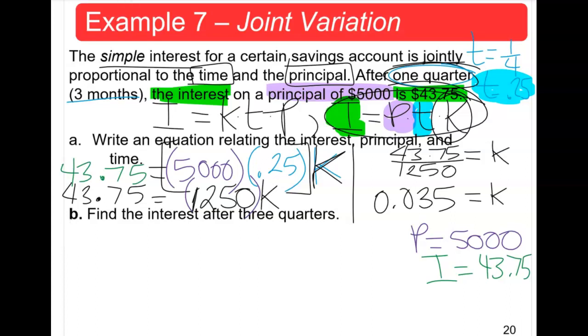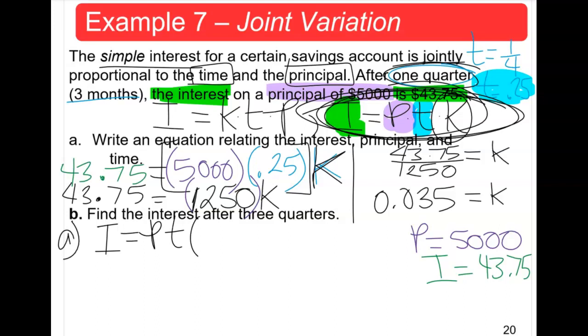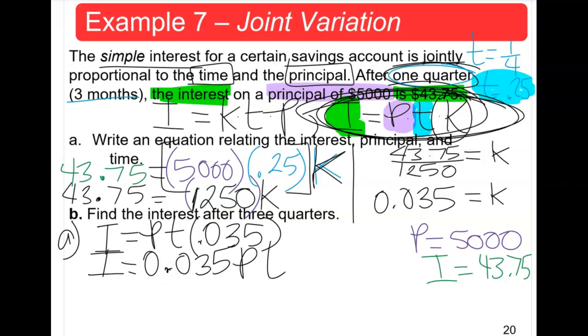And the answer to part A is going to be the equation following this model here: the interest is equal to the principal times the time, and then the number 0.035. Or, of course, we can write it this way: interest is equal to 0.035 times the principal times the time. That is the answer for part A.